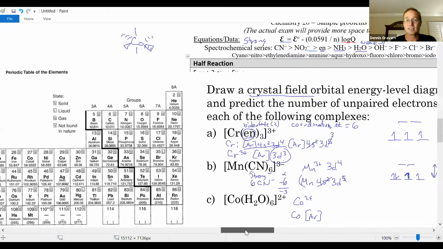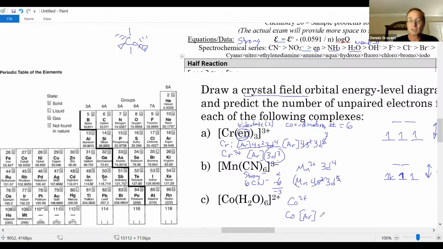It's 3d7. And the ground state for the neutral atom, 4s squared, 3d7. And then you lose 2 electrons, so lose the s electrons first, so it's 3d7. Okay, and it's 2 up high, 3 down low.